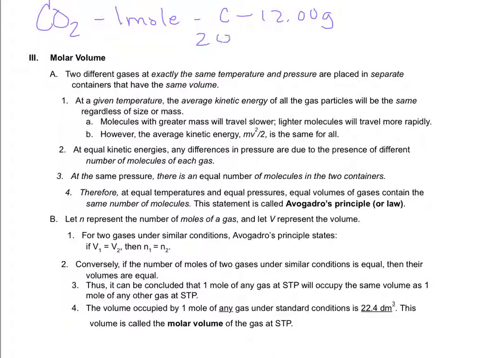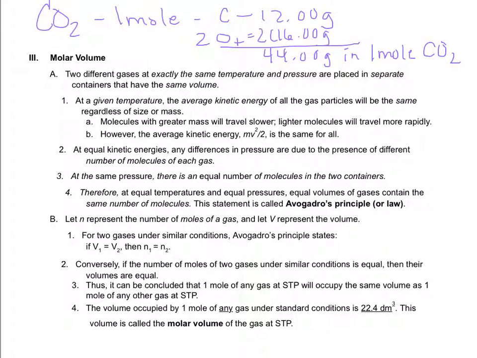I have 2 oxygens, which would be 2 times 16. If I add those up together, that's 12 plus 32, which gives me 44 grams in 1 mole of CO2. So to find out how many grams are in a mole of a compound, you're simply going to add up the atomic mass of every element in that compound.